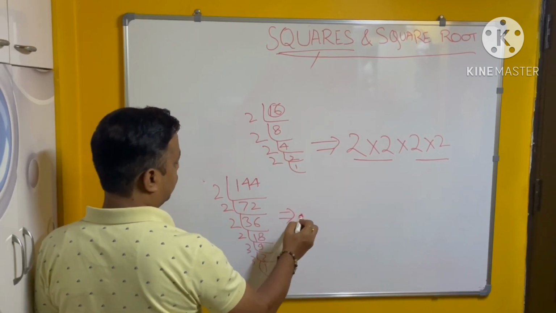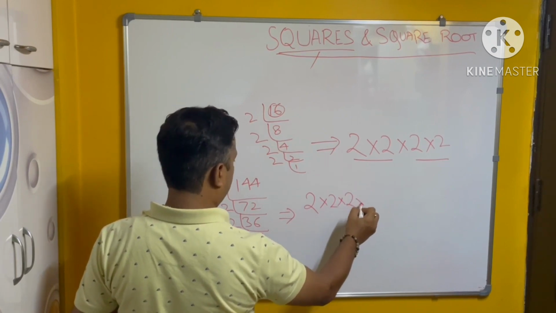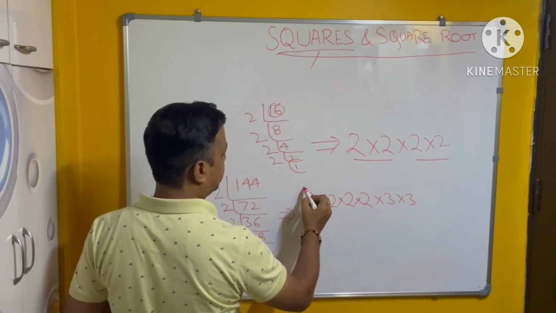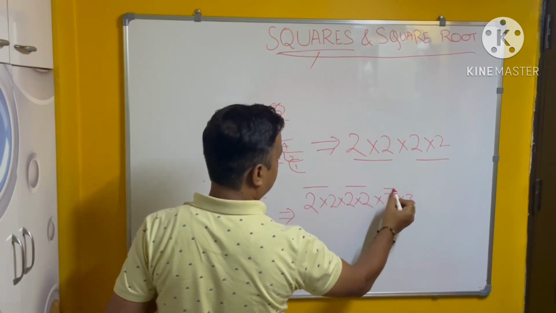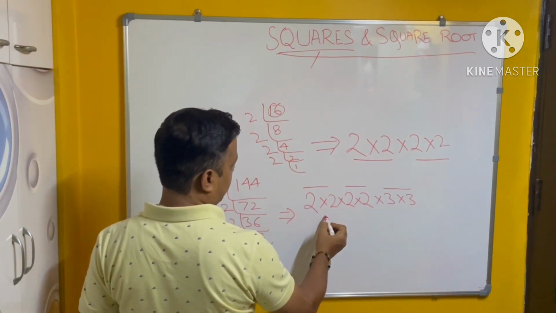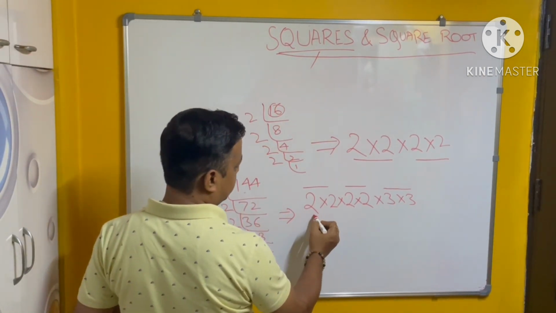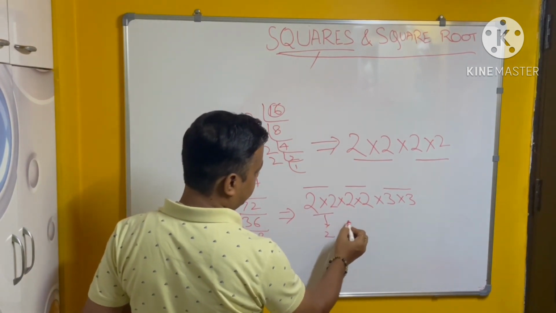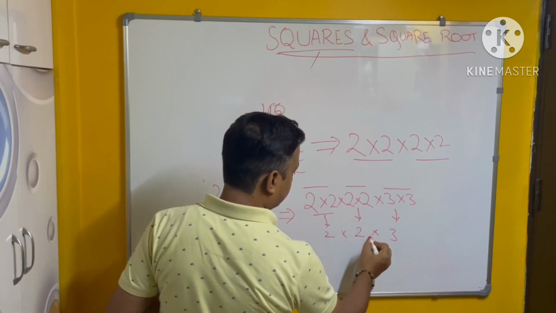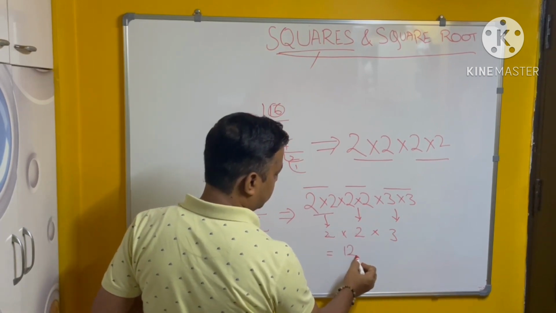So what is the factorization? 2 into 2 into 2 into 2 into 3 into 3, right? These we have divided in pairs. So this is a perfect square, of which number? From one pair we took one 2, from the other we took the other 2, so this is a perfect square of 2 into 2 into 3, which is 12.